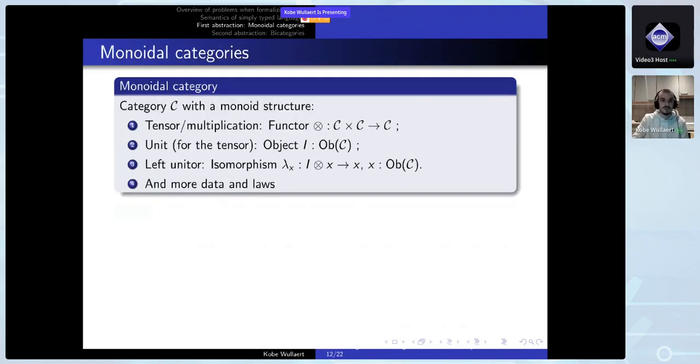So let me quickly recall what a monoidal category is, or give you a partial definition. A category is something with a monoid structure. You have a multiplication, both on the objects and on the morphisms, usually called a tensor. And then we also have a unit object.